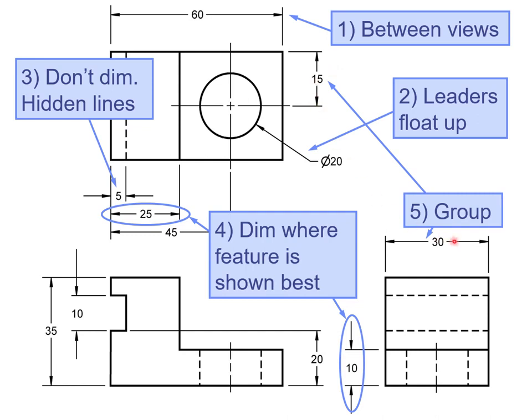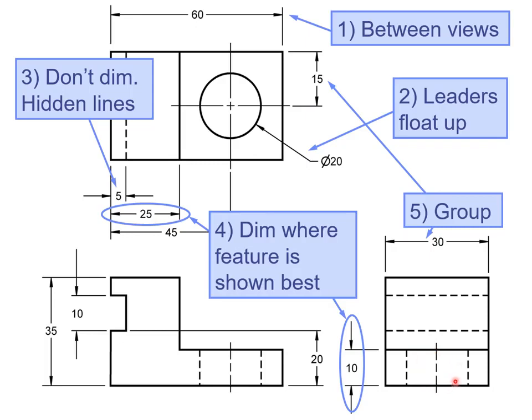Now we try and group dimensions together, right? So that's one of the rules. We can either bring the 15 here, but then we would be dimensioning the 15 to a hidden feature here, which we don't want to do. The 15 is dimensioning to the center of the hole. Here is that center axis of that hole, and we don't want to place the 15 to a hidden feature. That's one of the rules.